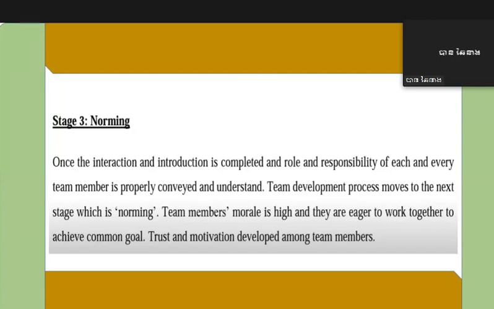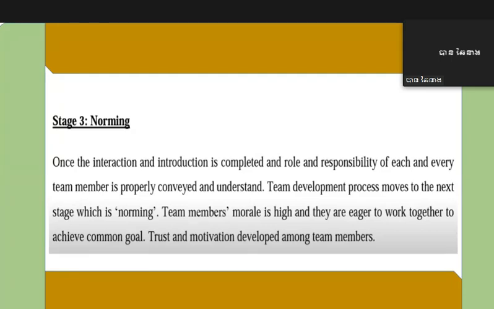Stage 3, norming. Once interaction and introduction are completed, and the roles and responsibilities of each and every team member are properly conveyed and understood, the team development process moves to the next step, which is norming.